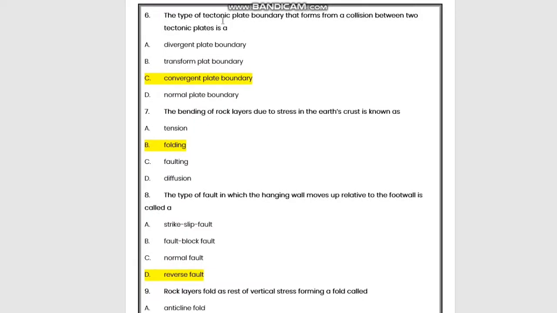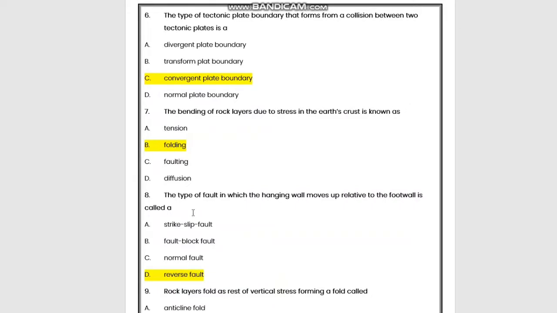The type of tectonic plate boundary that forms from a collision between two tectonic plates is convergent plate boundary. C is correct. You have to know this one, and it's important. Next question. The bending of rock layers due to a stress in the Earth's crust is known as tension, folding, faulting, diffusion. Of course, folding is the correct answer.